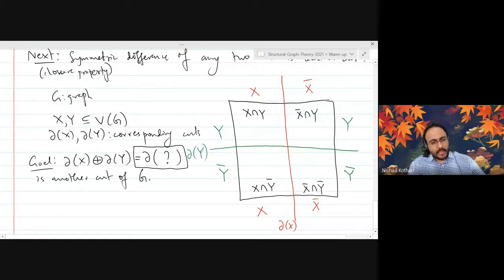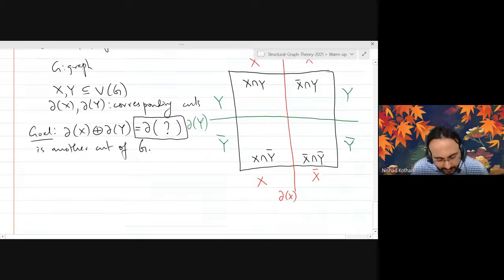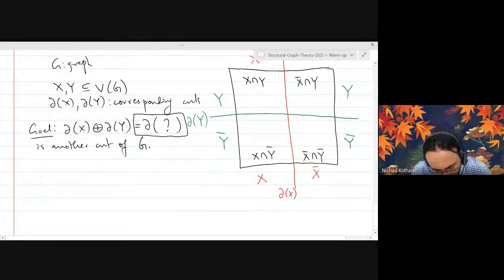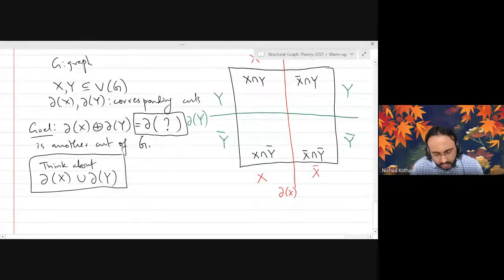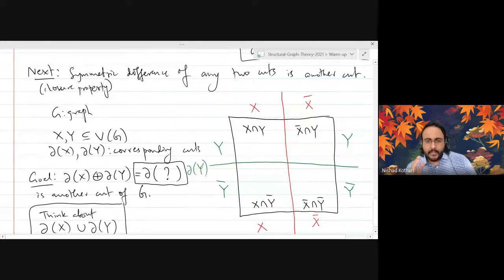Now let's look at all the edges. Rather than looking at the symmetric difference, I want you to first think about partial X union partial Y. We are looking at all the edges that either cross the red line or cross the green line.